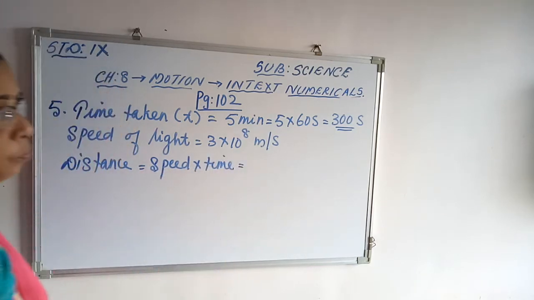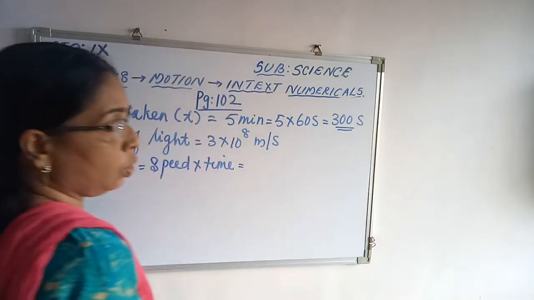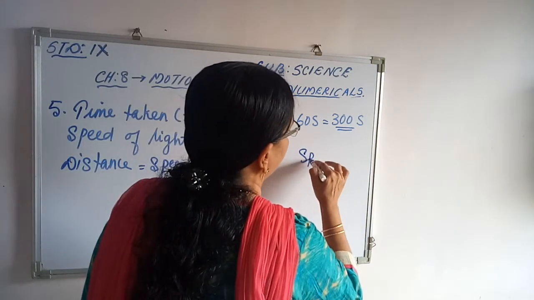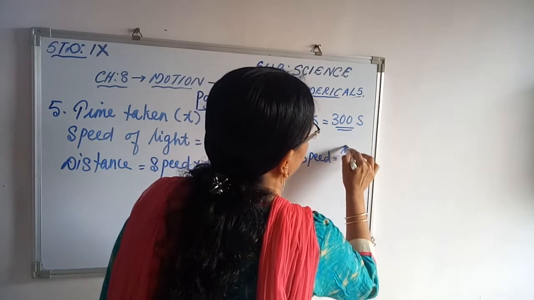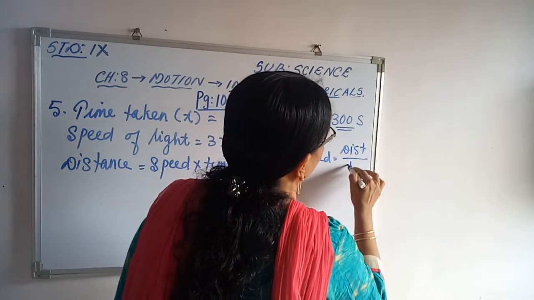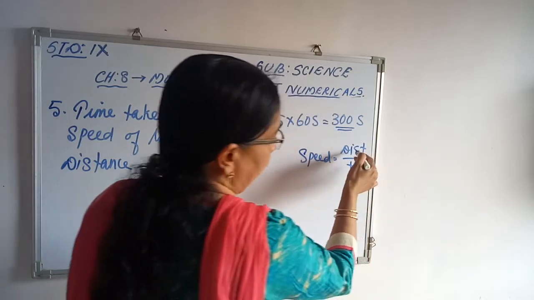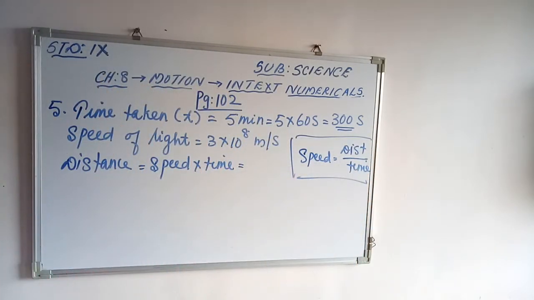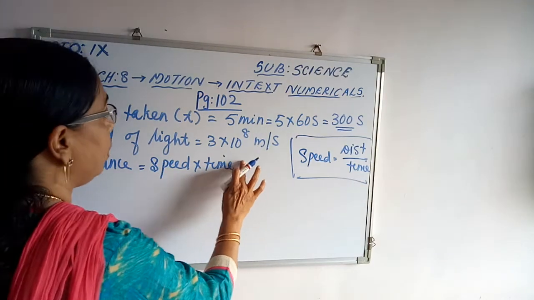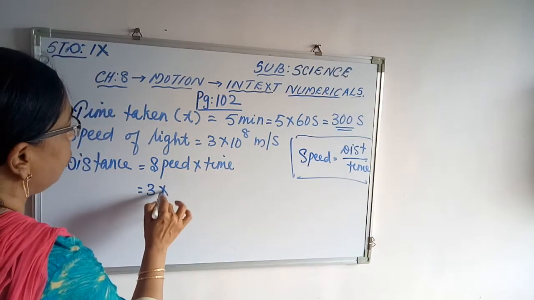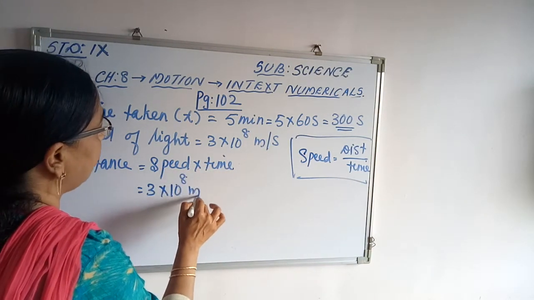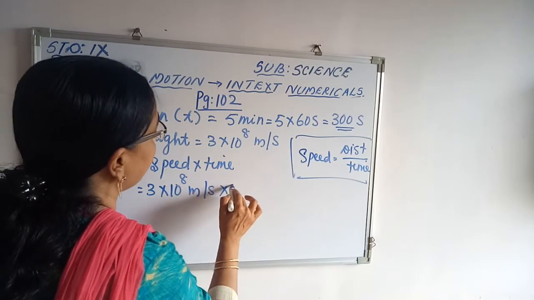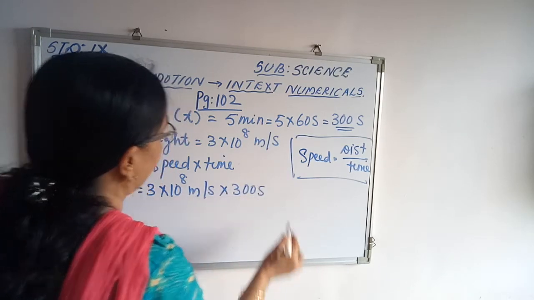In the definition of speed we have done, speed is equal to distance upon time, and by cross multiplication, from this we can find out distance. Distance is equal to speed into time. Substitute the value for speed: 3 into 10 raised to 8 meter per second multiplied by 300 seconds.